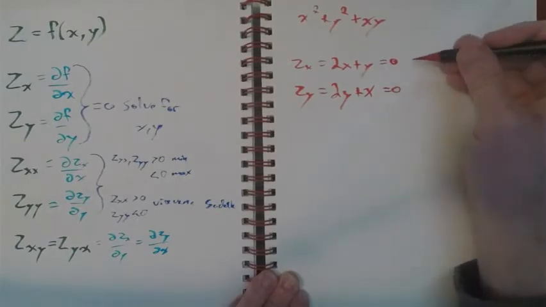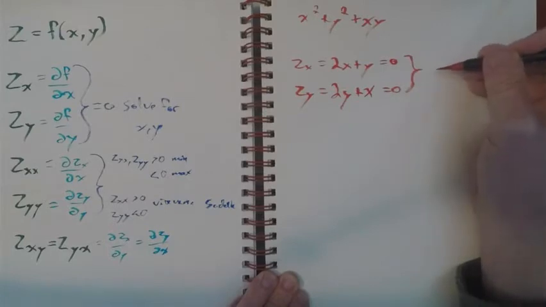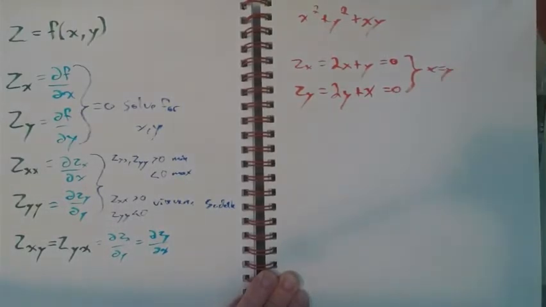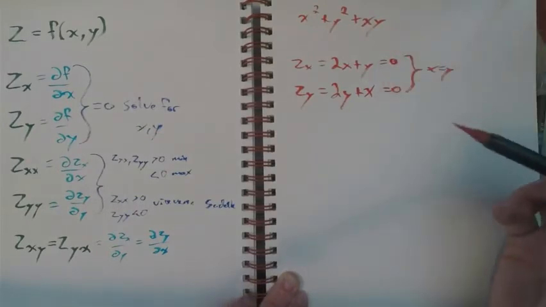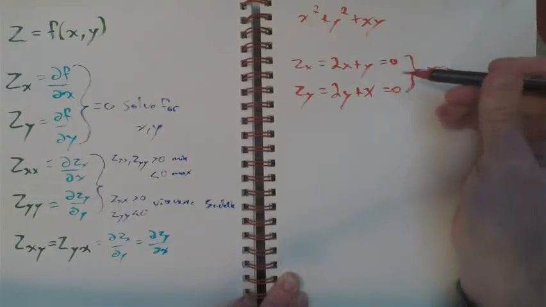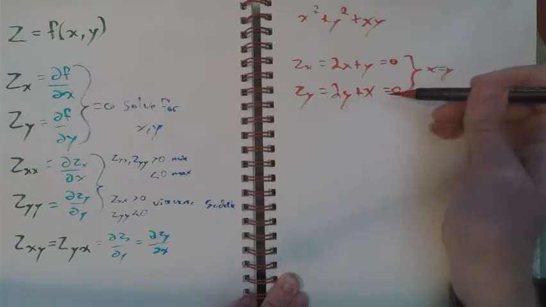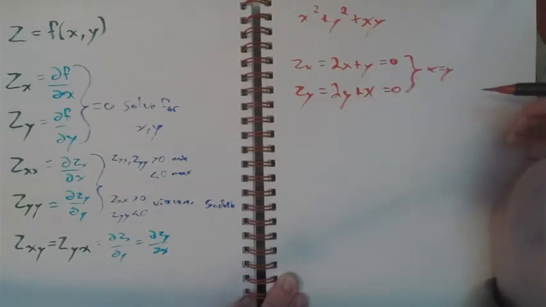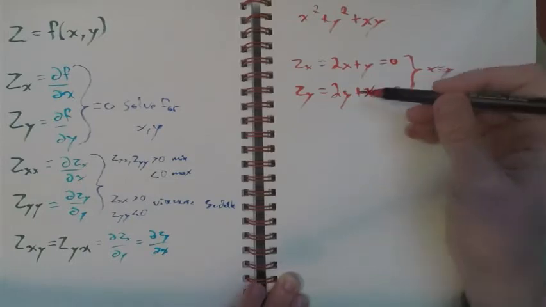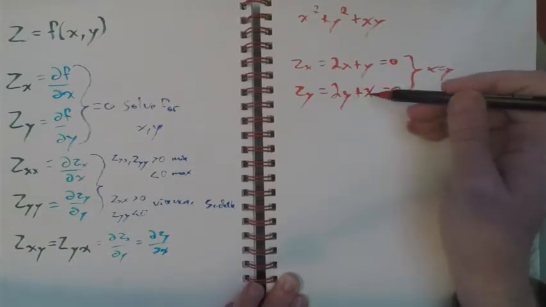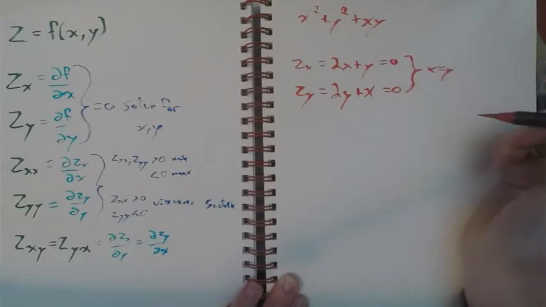What are we going to get here? Well, we're going to pretty easily find that x equals y. We can see the symmetry there. So 2x plus y equals 2y plus x. We rearrange, and we're going to get x equals y. All right, so if we substitute that in, 2 times x plus x is 3x equals 0.